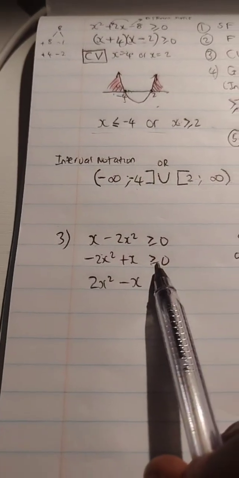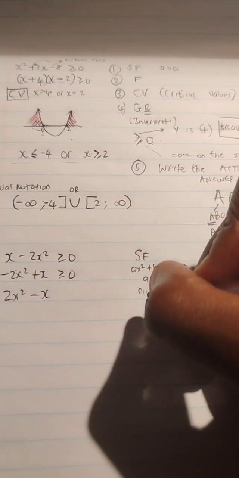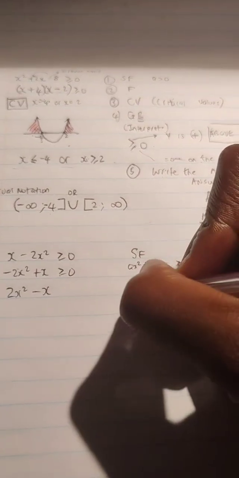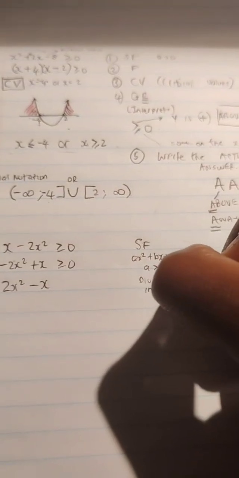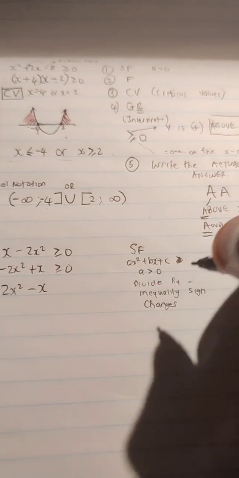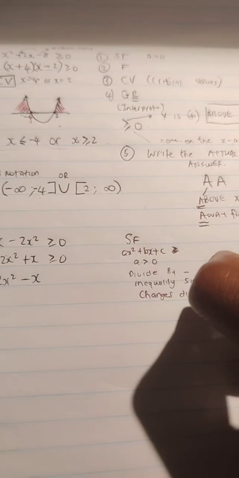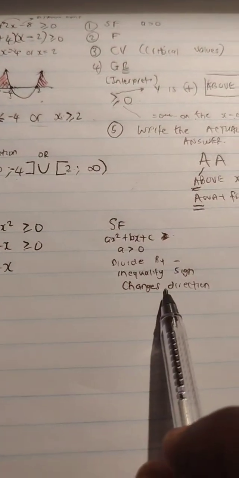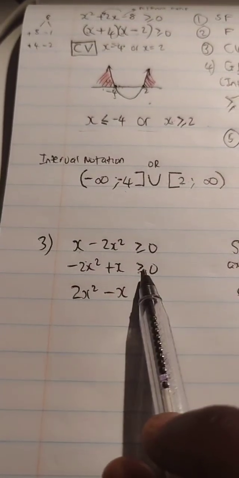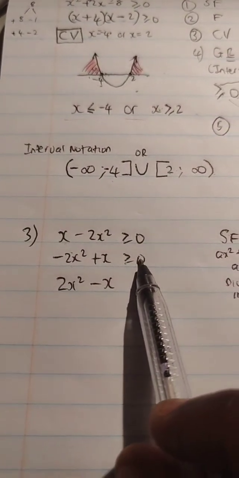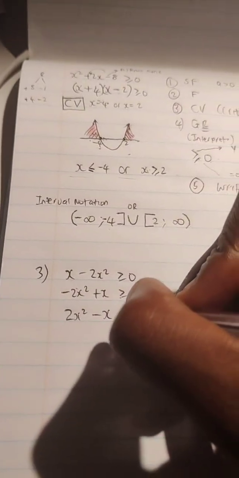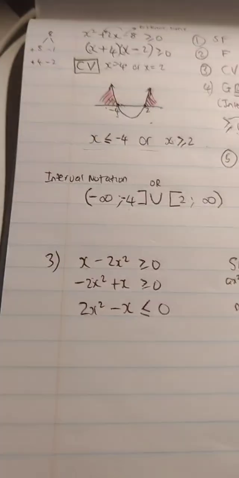And then what happens when we divide by negative? The inequality sign changes direction. If you ever divide by a negative, guys, the inequality sign changes direction. Currently we had greater than or equal to 0, but because we divided both sides by a negative, we now have less than or equal to 0.